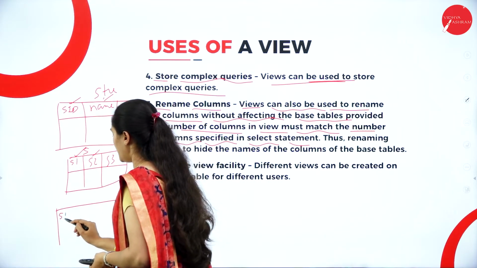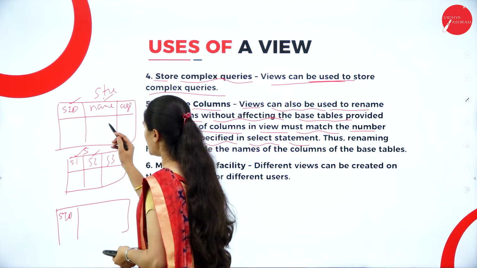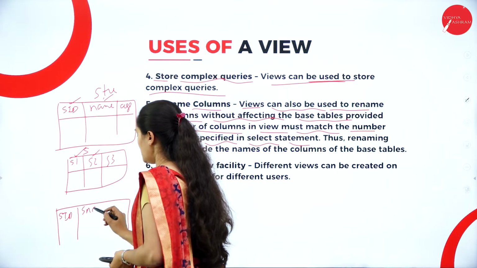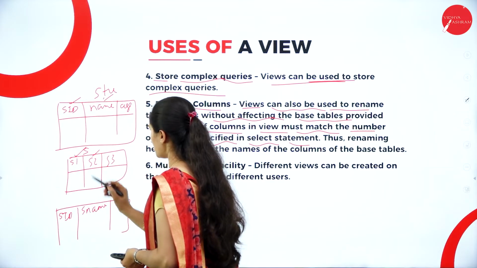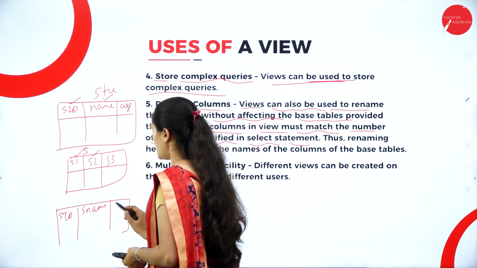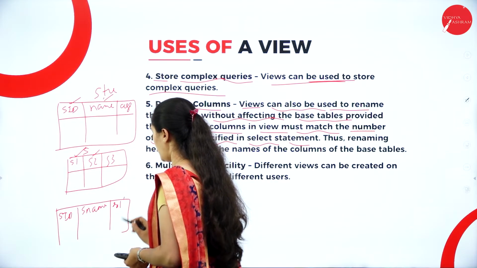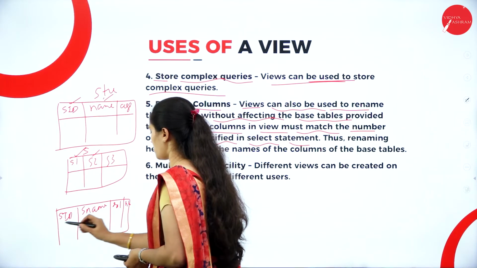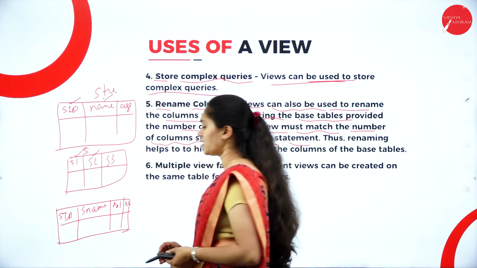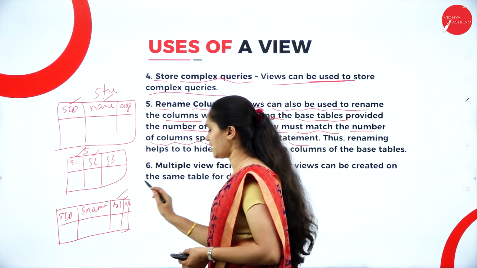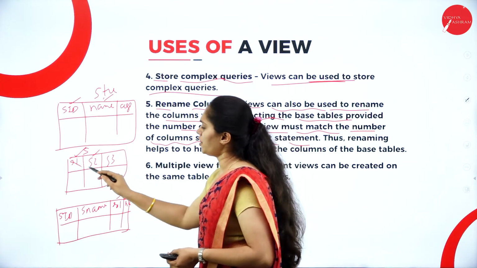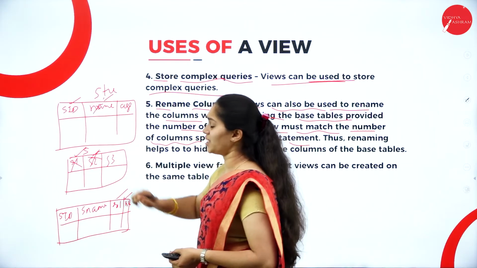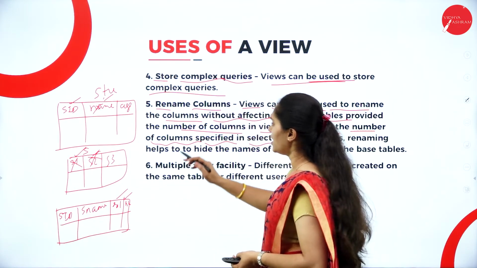Here I will take student ID, and instead of name I will consider it as S name, and instead of S1 I will consider small s1, and here small s2. If we rename any of the fields in the virtual table, that is not going to affect the original table. That is what we are telling here.